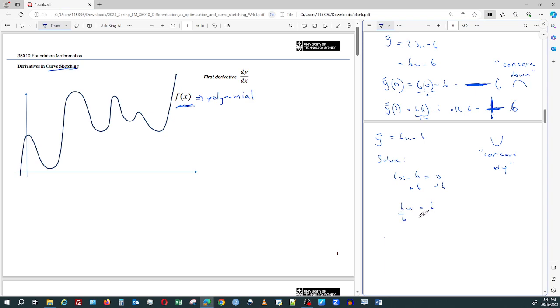And so at x equals 1, we have what's called a point of inflection. Now, I haven't even used the formal language about all these points. I've just been going ahead and doing an example. An inflection is where it changes concavity.